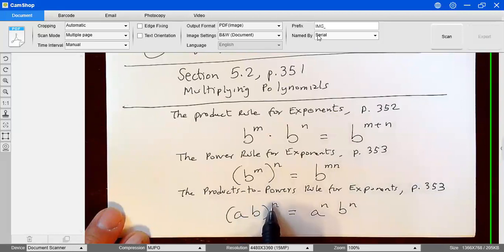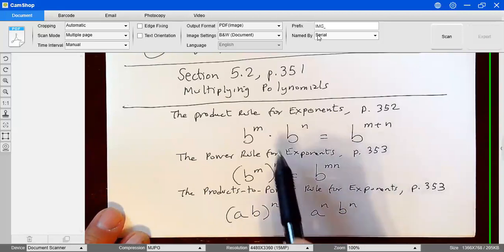You can put the exponent affecting every single factor inside of the parentheses. So in this case, a is going to be raised to power n, and also b is going to be raised to power n. And the product continues to be in effect. So you are multiplying a power of a with a power of b.